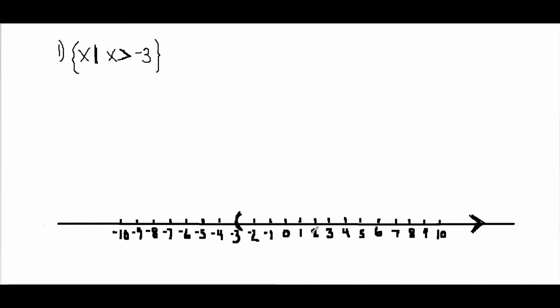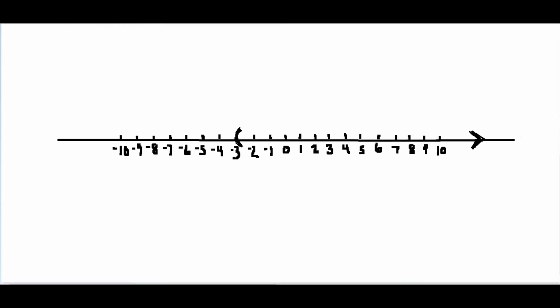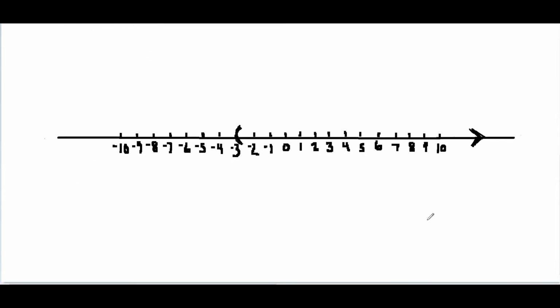Alright, when I go to write this in interval notation, I actually find this easier now, because for interval notation I can just literally copy this down. I'm going to go up above the line here. I'm going to copy this parentheses. The number associated with it is -3, comma, and when we go to the right forever, it's the math term that we use, which is infinity.